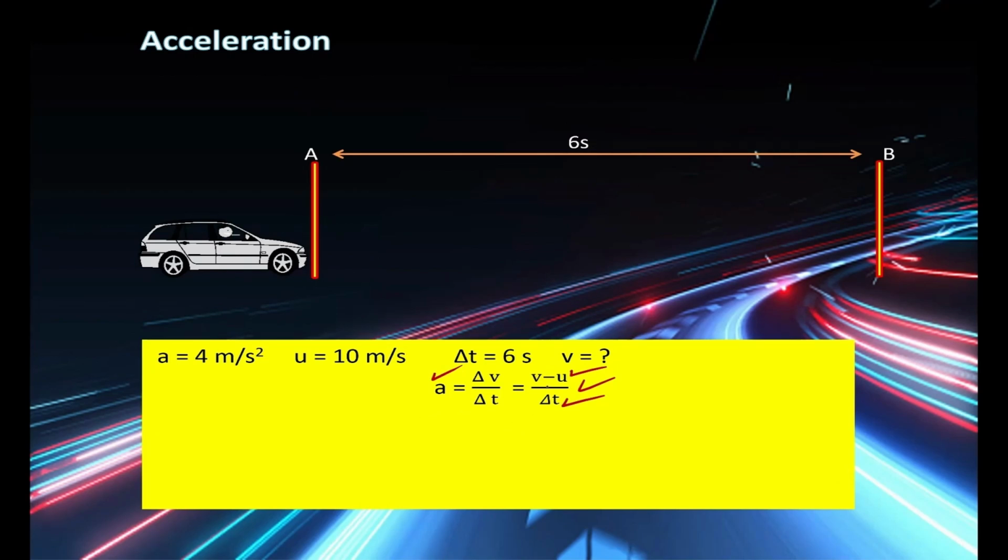So from this, we will do cross multiplying. So it will be v minus u equals a delta t. Good. All of them are given, so v equals 10 plus 4 times 6. This means v equals 34 meters per second.